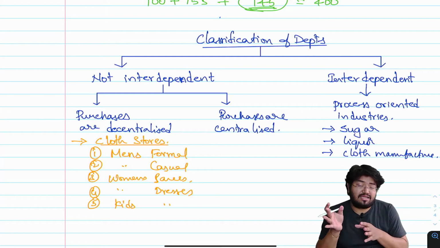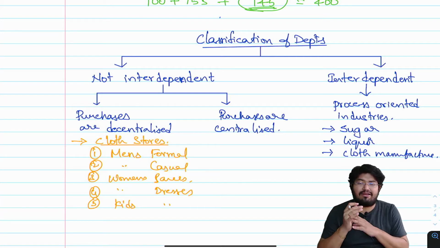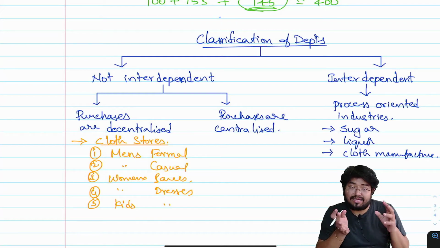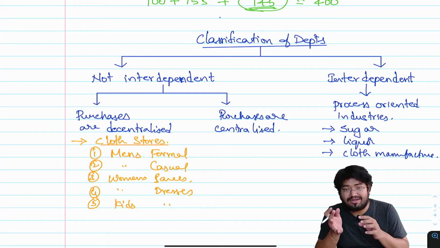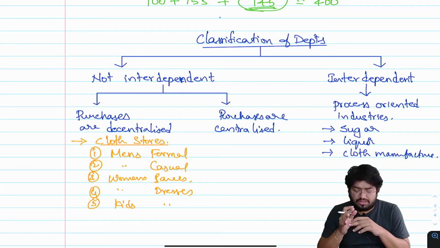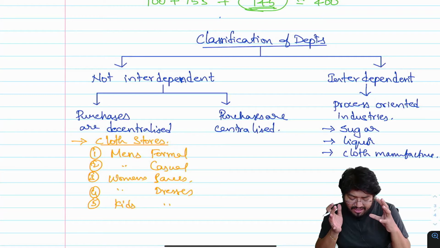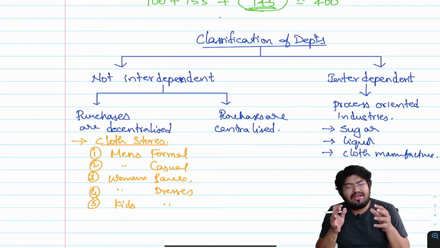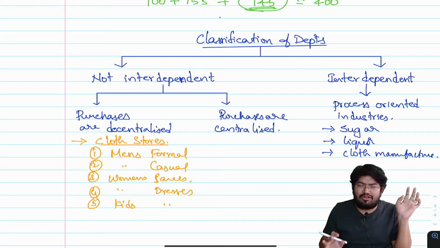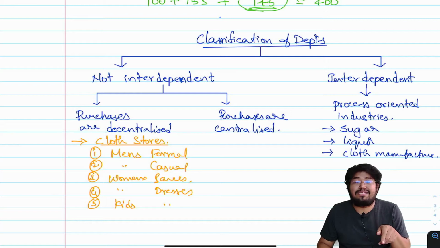Pattu saree would be in some other different place. They'll have to go to specific pattu manufacturers, and then only from them they'll have to buy. In such case, that is also different. And then dress materials could be from different places, or the kids section, completely in different places where that gets sold. So like this, when you have different types of departments within the same store, they will not have centralized purchases. Each department will go and purchase separately only. That's why we are calling them purchases are decentralized.